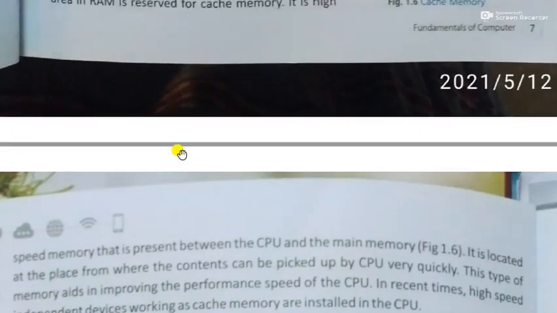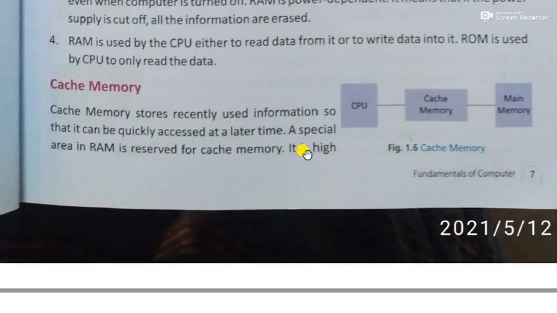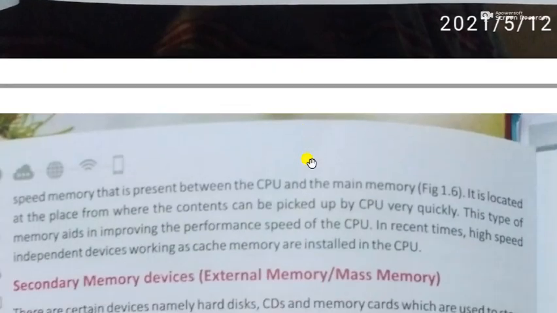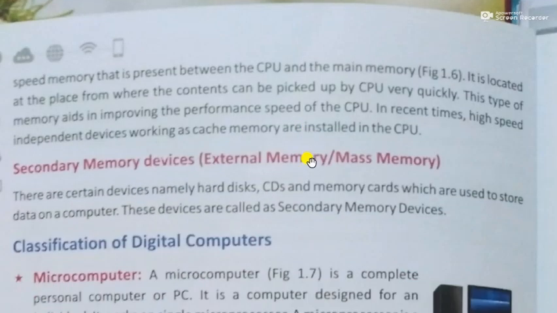Cache memory is high-speed memory. Just as you click on something, immediately it will take it up. Every recent access area is stored here, and you can use it very easily.